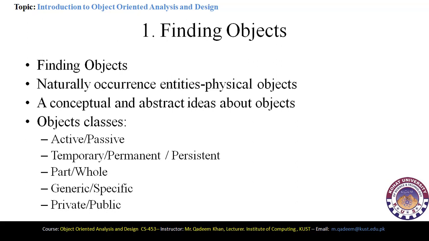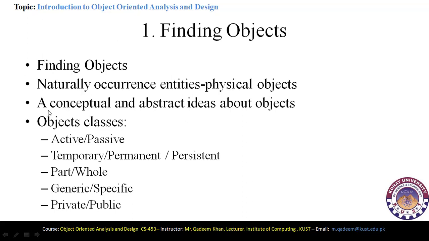Number one, finding the objects. In this step, we will first find out all the objects in the problem. Next, we will consider the natural occurrences of the entities, the physical objects. Here, we will define different sorts of entities which will be physically available in the software.